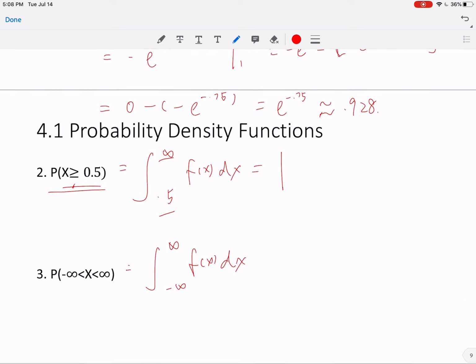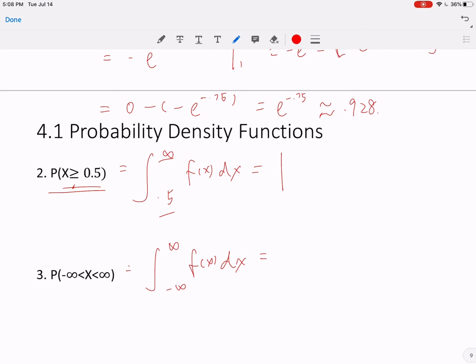So we can break this into 2 parts based on the additive property of integration: negative infinity to 0.5 of f of x dx, plus 0.5 to infinity of f of x dx.